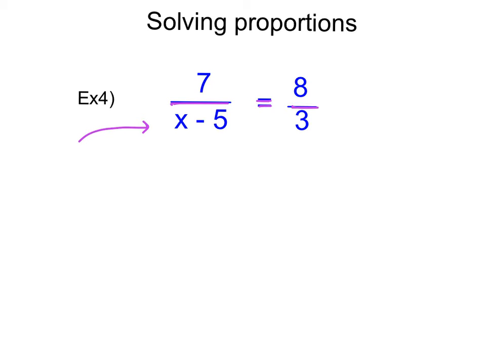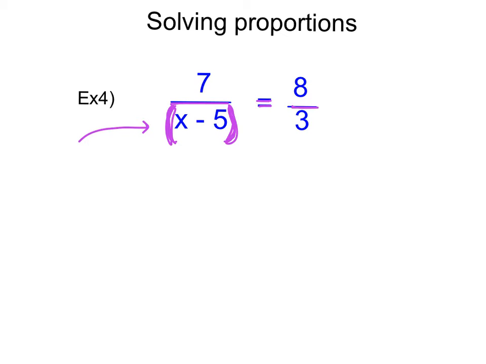Now, the little trick that I use to make sure that I don't make any sort of errors is if I see something grouped in a numerator or denominator of a fraction, like something being added or subtracted, I go ahead and I add parentheses. And I can guarantee that if you just add your parentheses every single time, you can apply this cross multiplication strategy the same way you did before, and you won't make any errors.